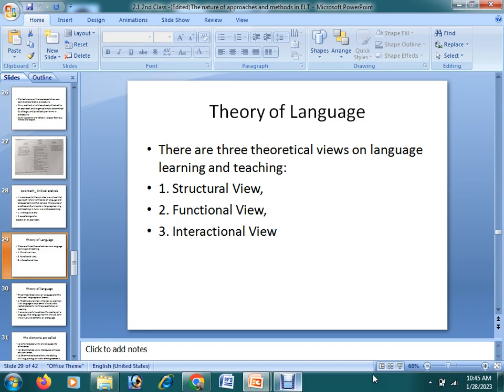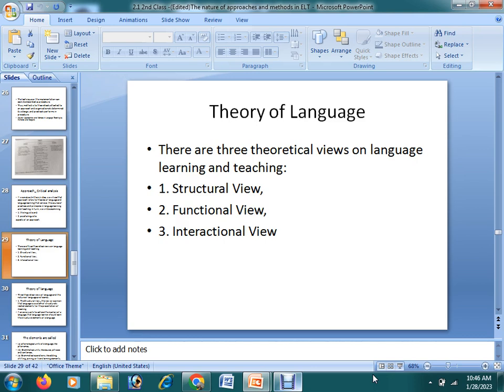These views, may I ask you, which one is the important one? Actually, all views are important regarding language learning theory.